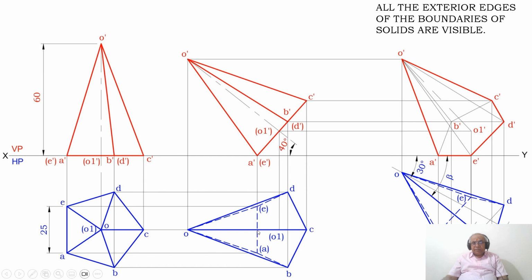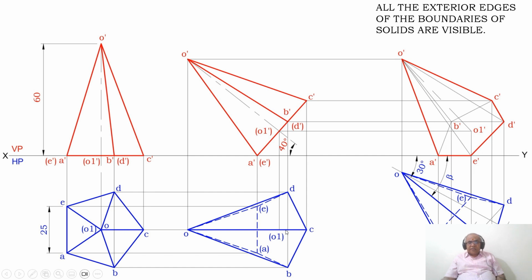Similarly, you measure the distance from this point to A. From the same point, you mark it on this other line, which will be small letter a. Then, once you get this, you measure the distance from O to this point and transfer it from O on that beta inclination line to here. Then, by using the protractor with reference to the O1 line, with reference to this point, you draw a perpendicular to O1.